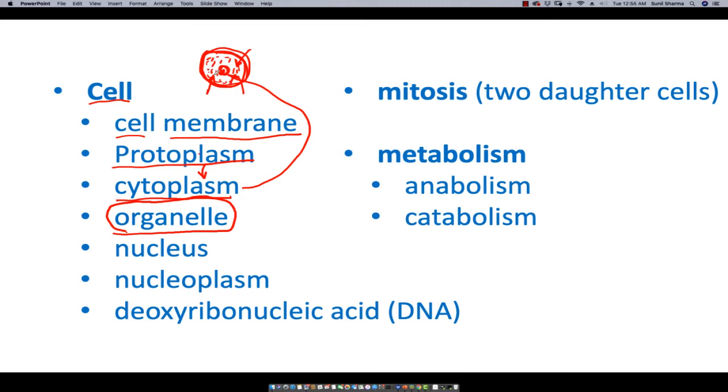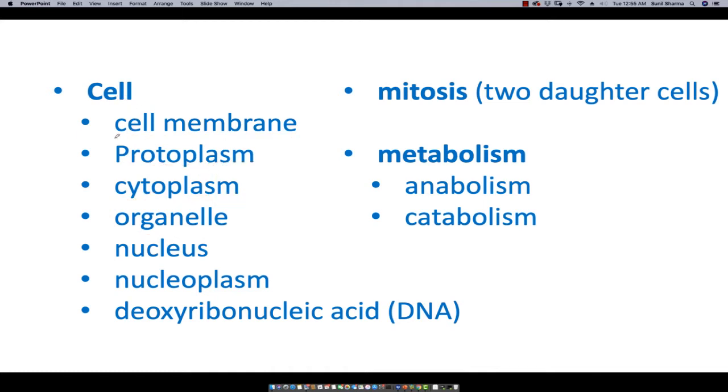Again, cells are very active and they're living, and so they do have quite a number of functions that they need to do. And so each function is done by an organelle. Okay, so let's kind of review that. We have cell membrane right here.